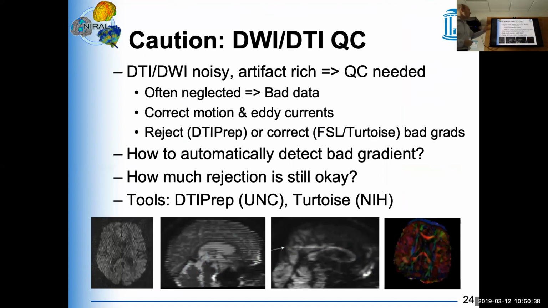There is very much an importance on QC for diffusion imaging. And while the field has moved to better QC, there's still a lot missing in the area. Thankfully, FSL came out last October with a new version that does not do QC, I wouldn't call it QC, but does an automatic detection of artifacts and tries to correct them.